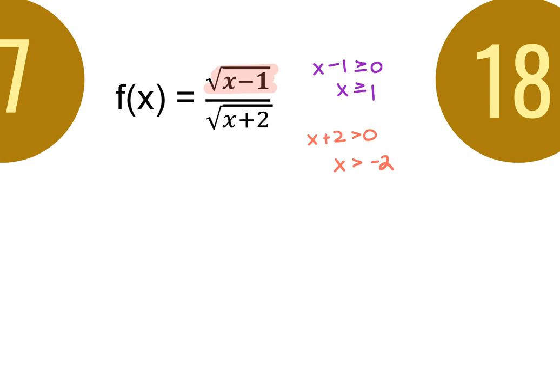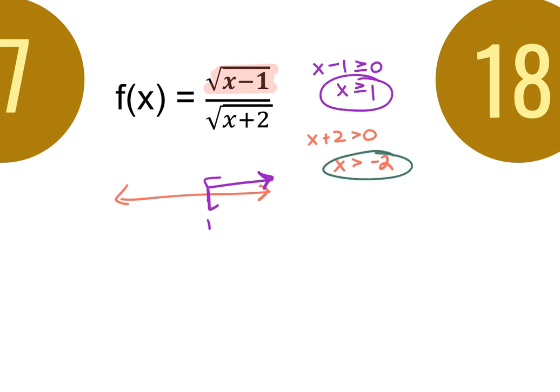Now here's where I would recommend a number line so you can visualize this. The first one says it has to be greater than or equal to 1. And the bottom, I should have done it in a different color, but I'm going to do this in teal, says greater than -2, parentheses pointing to the right.